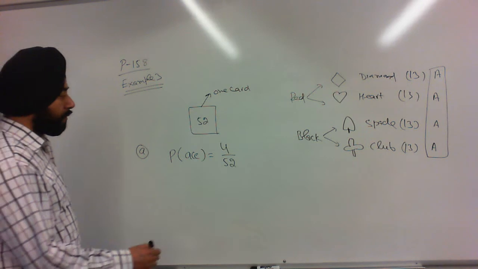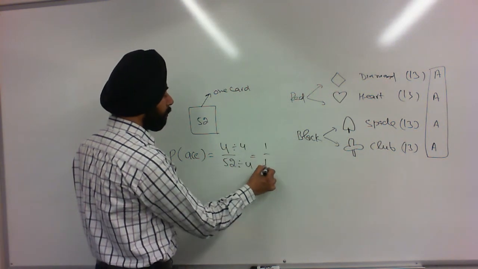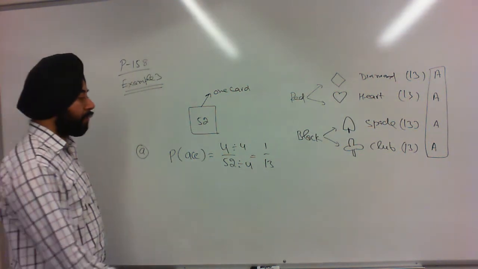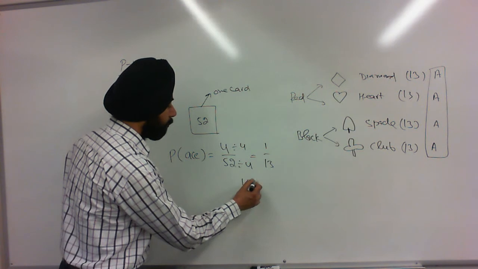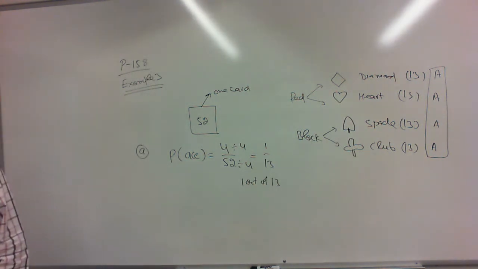And you have to write it in simplest form. You divide this by 4, you get 1 out of 13. So this is 1/13. You can write it as a decimal. When you divide it, you get 0.077.